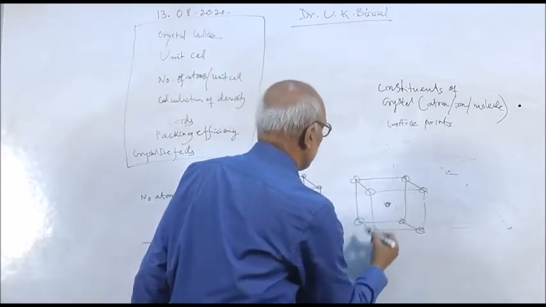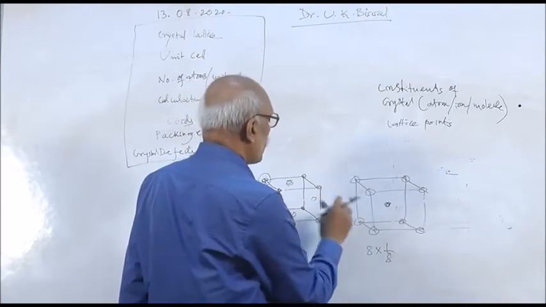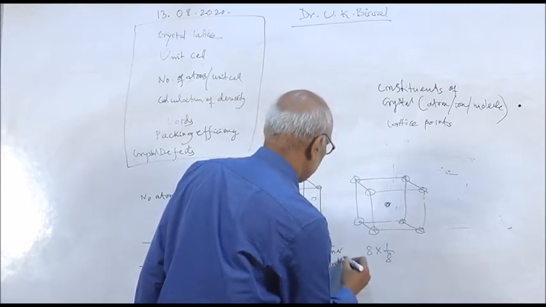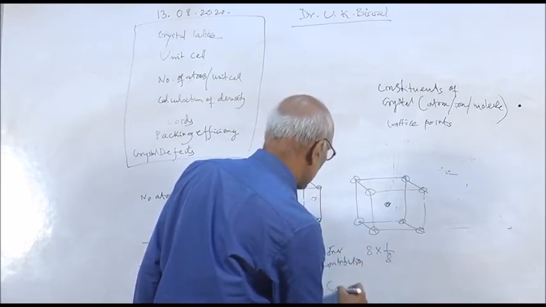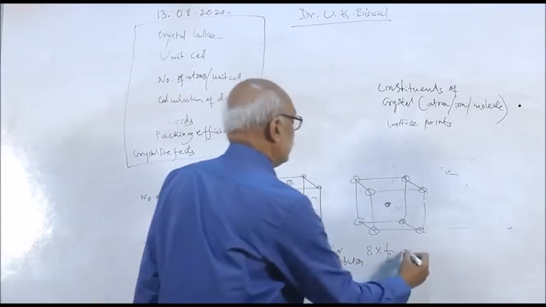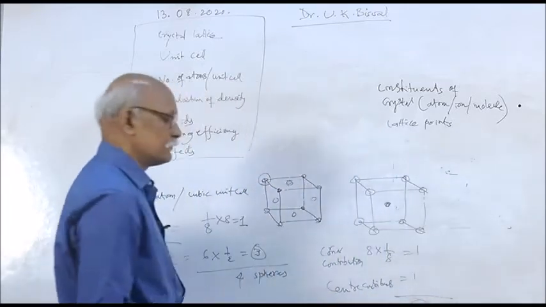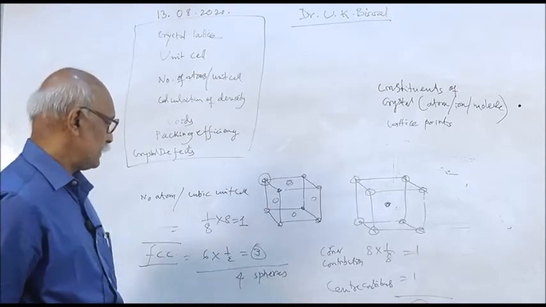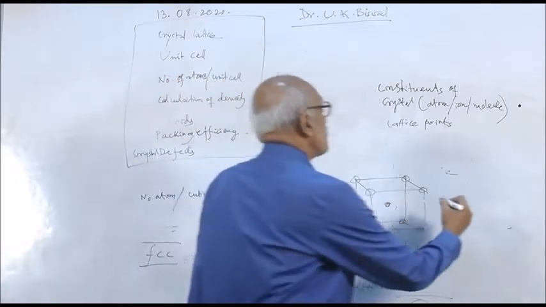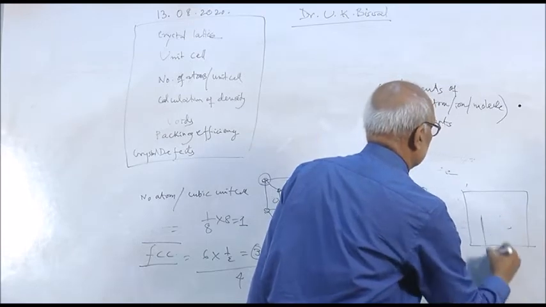So the contribution will be 8 into 1 by 8, this is the corner contribution, and the center contribution will be 1. So this is 1 plus 1, that will be 2, understand? So this is your body centered cubic.